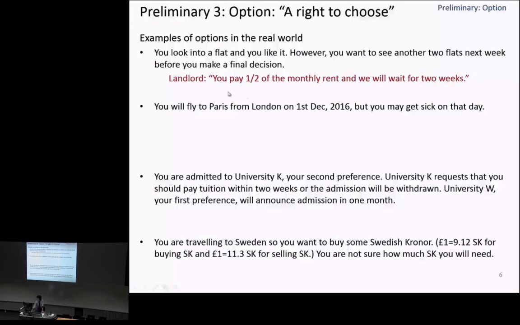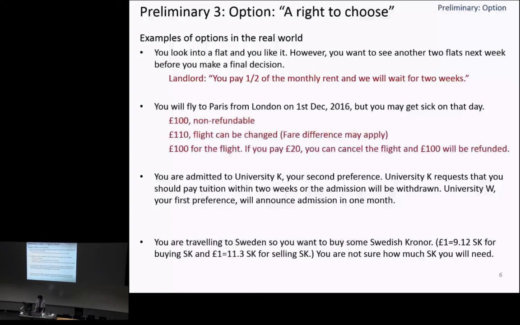Example 2. You will fly to Paris from London on the first day of next month. However, nowadays your health status has been a little unstable, and you fear that you might not feel well on the day of your trip, and you might cancel your trip. You have a couple of choices for this.